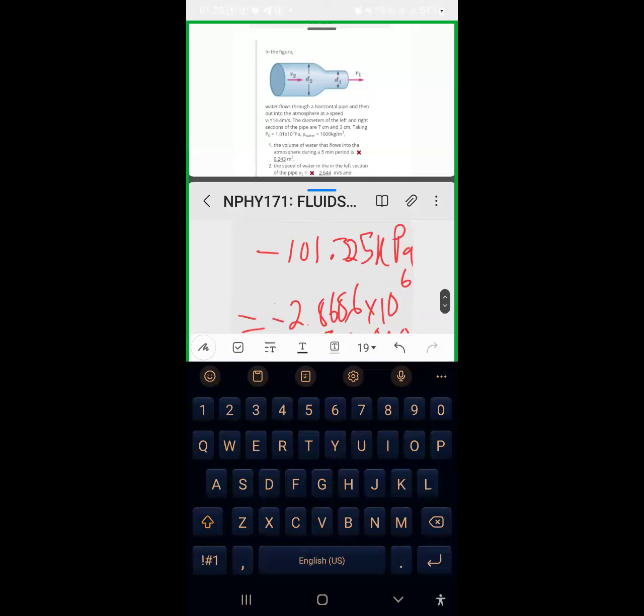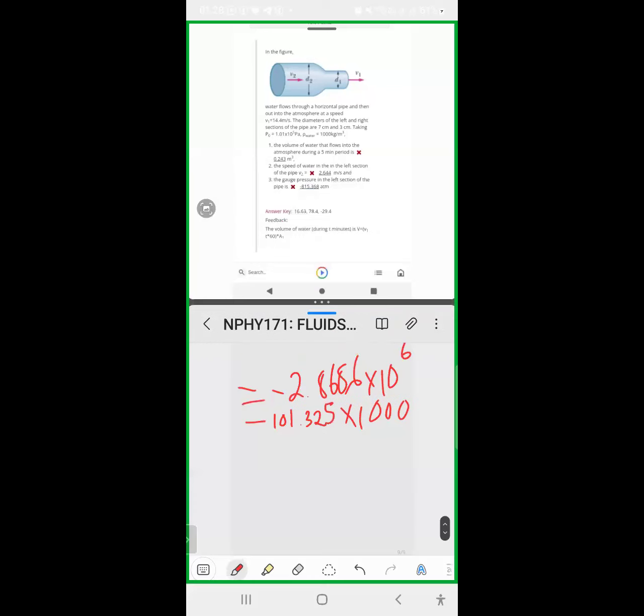Punching on a calculator, this gives me minus 2.9699925 times 10 to the power 6 pascals. So this is our P gauge on the left section of the pipe in terms of pascals.